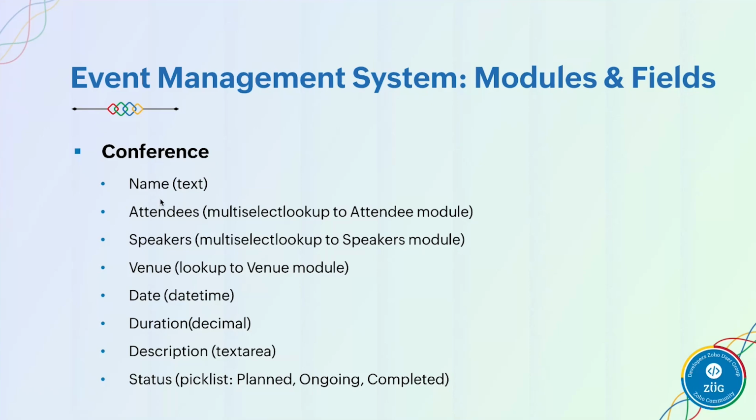In this one, I have these details: name; attendees, which is a multi-select lookup to the attendee module, which is also a custom module; speakers, a multi-select lookup to the speakers module, another custom module; venue, another custom module, and a lookup to it; date and duration of the conference; a brief description; and status of the conference, whether it is planned, ongoing, or completed, which is a pick list.